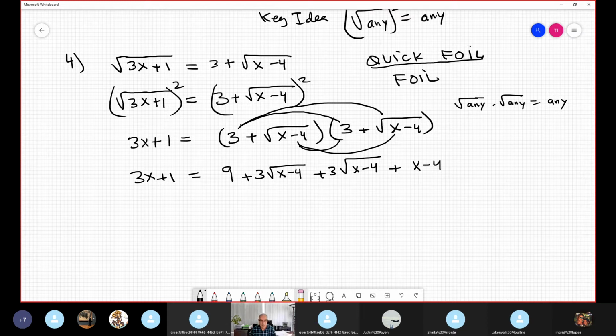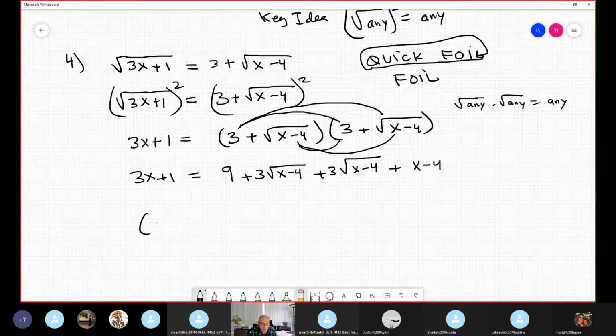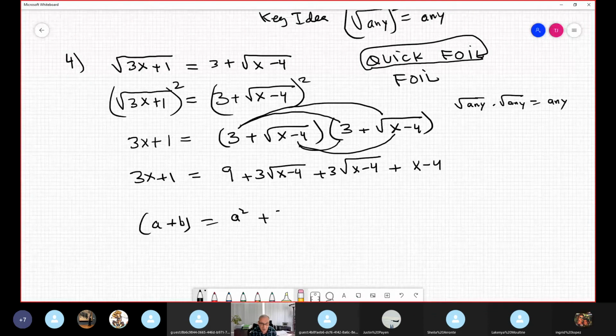And that's it. Another student que I using quick FOIL, remember the formula is que a plus b squared is a squared plus twice ab plus b squared. A in our example is 3. And 3 squared is 9. What is the reason twice? Because 3 plus 3 is 6.